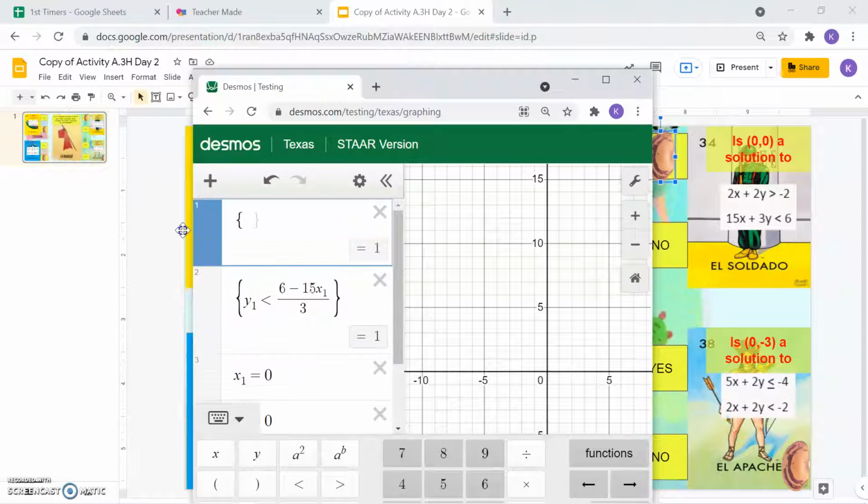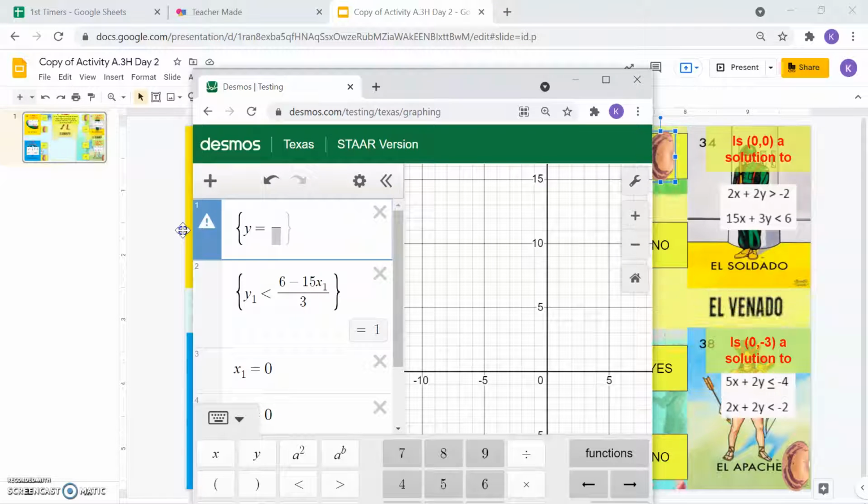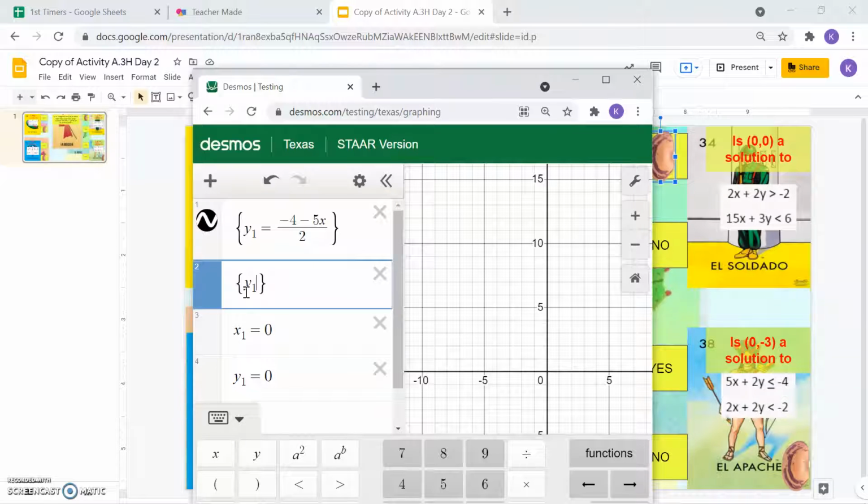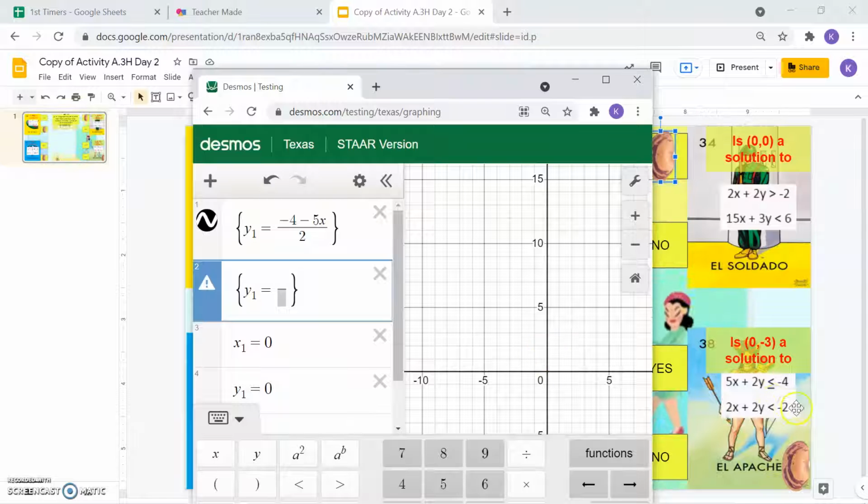So it's going to be bracket y equals, divide. I'm going to put y1. This lonely number, which is a negative 4, opposite of plus 5x, minus 5x, divided by the number in front of the y, which is a 2. Then I'm going to put this one right here. y1 equals, divide this lonely number, negative 2, opposite of x, minus 2x, divided by the number in front of the y, which is a 2.